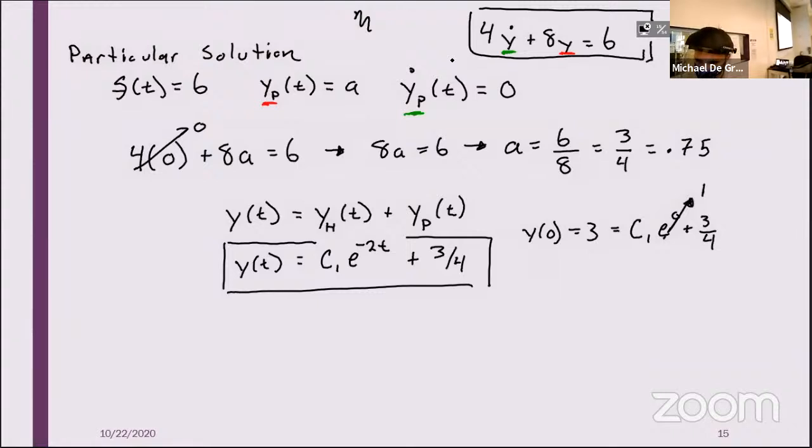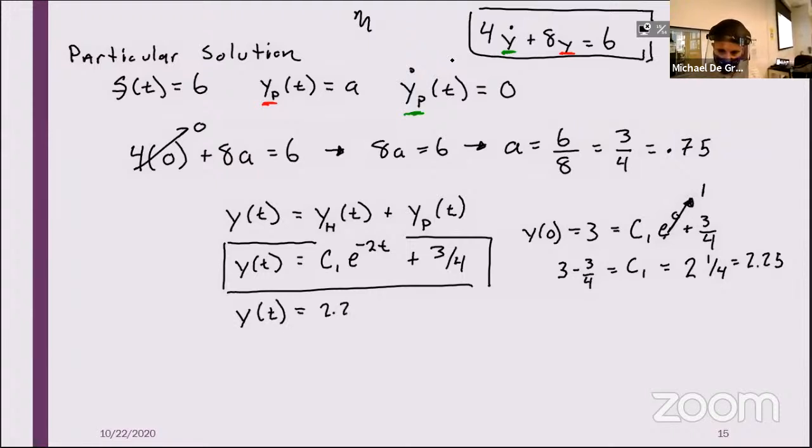So I can solve this. 3 minus 3/4 is equal to C1, which is 2 1/4, or 2.25. For this one, I will write 2.25. So we can write our total solution as y of t is equal to 2.25 e to the negative 2t plus 3/4.